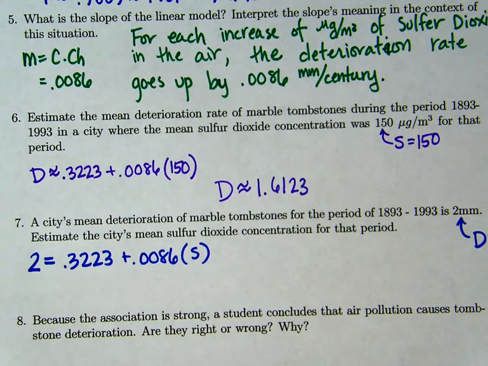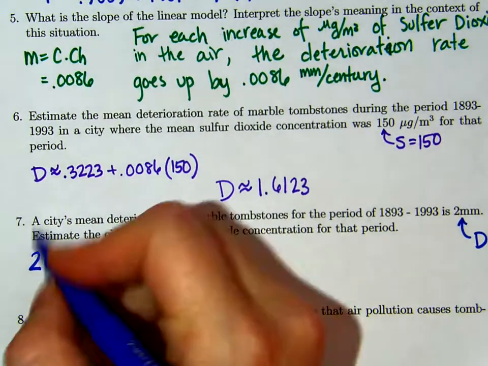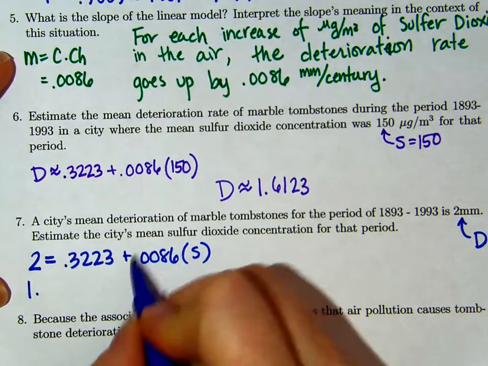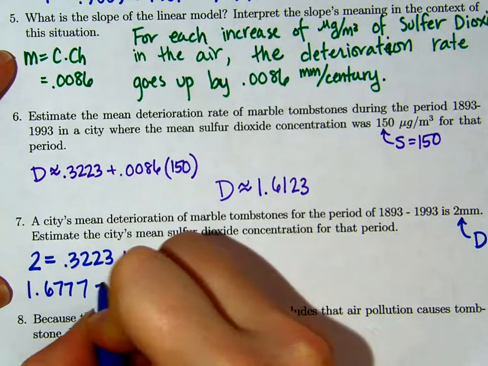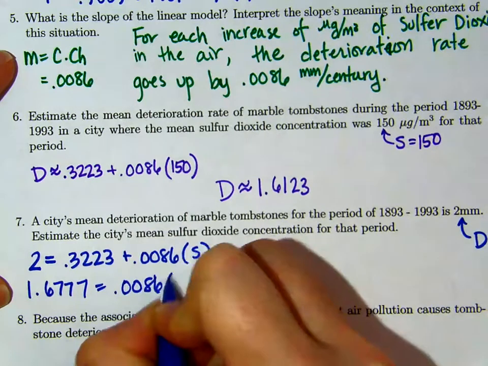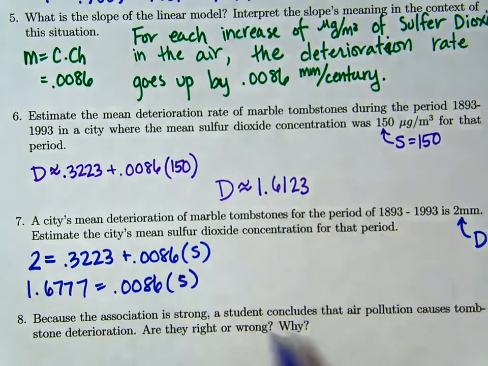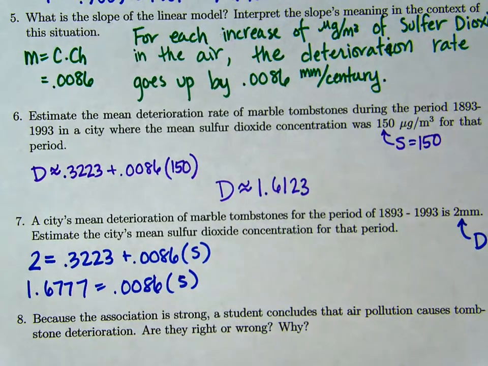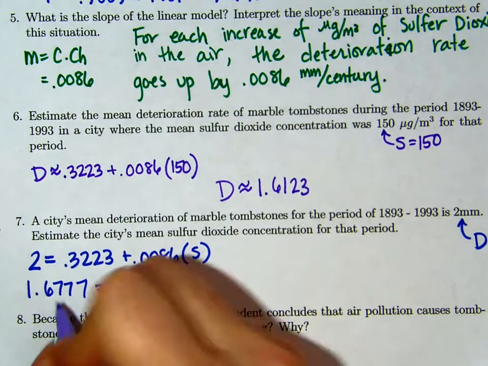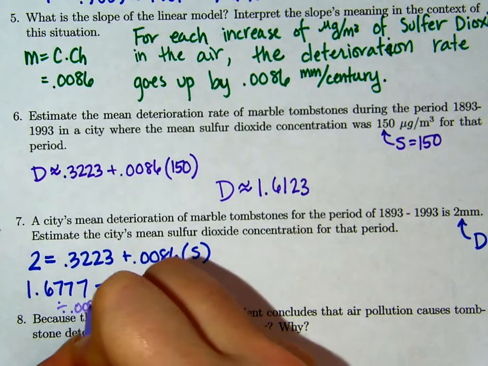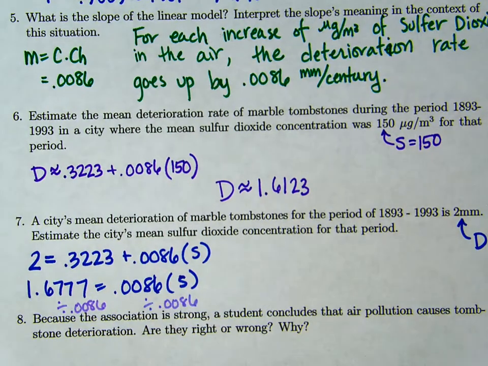I bet 1.6 something. Yep. Okay, so that means this amount is equal to 1.6777. And now I'm going to scale both sides down by 0.0086. Which ironically makes it bigger because we are scaling down by a portion.